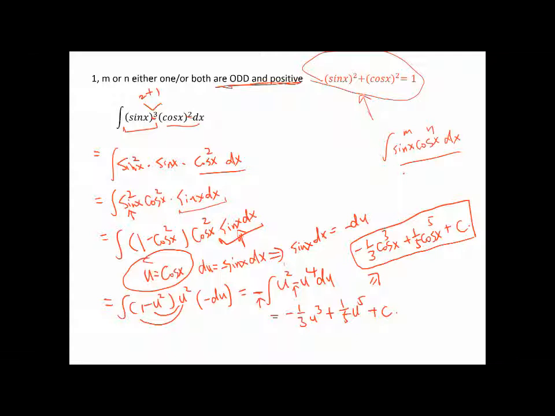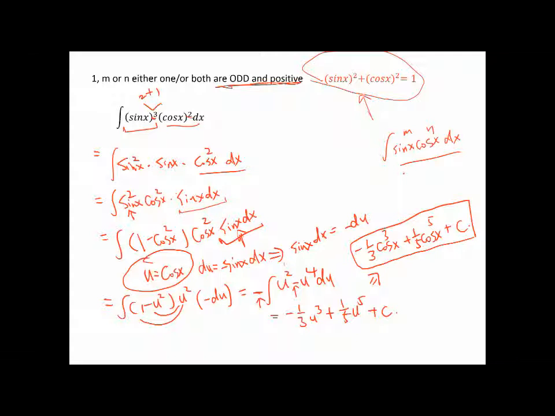Let's see the method. Once I find sine and cosine, they always come together, right? There is a positive number 3 here, so I split it into even number plus 1, which is 2 plus 1 here. I rewrite my question.